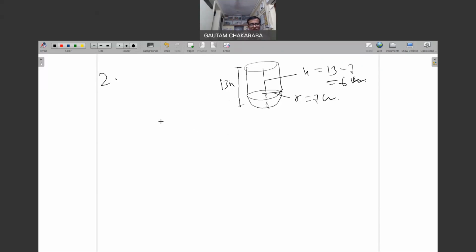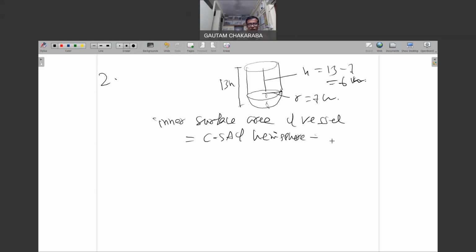Inner surface area of the vessel is equal to CSA of hemisphere plus CSA of cylinder.